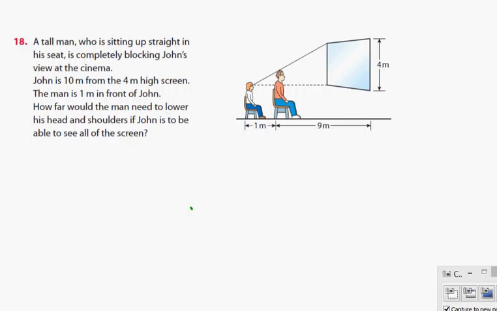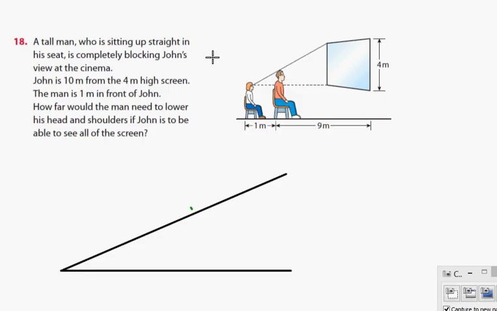Okay, so here's what we have. We have a triangle. We have a screen. The red line is the location of the screen. That is the screen. Then we have the man who's blocking the way 1 meter ahead.